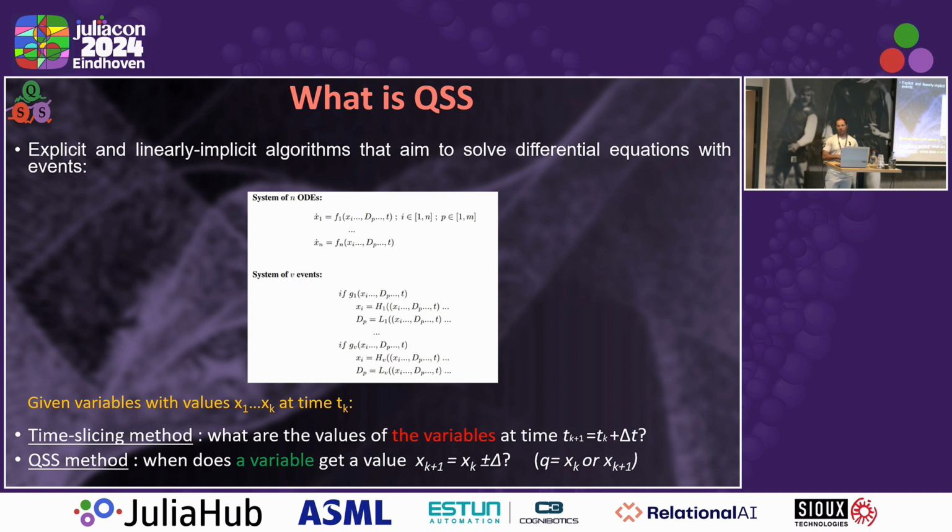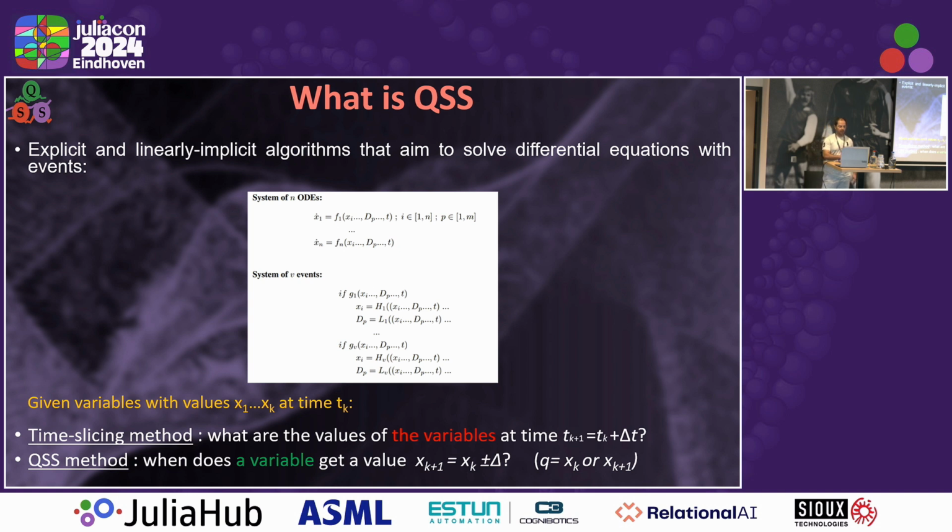To compare it to the classical integration methods, the QSS at a step will update only one variable, while, as we know, in the classic methods, at each step all variables get updated. And there is a new variable that shadows this variable x, and we call that variable q.